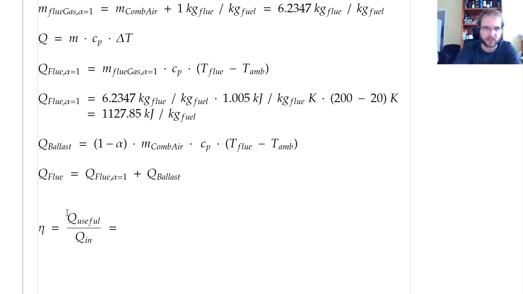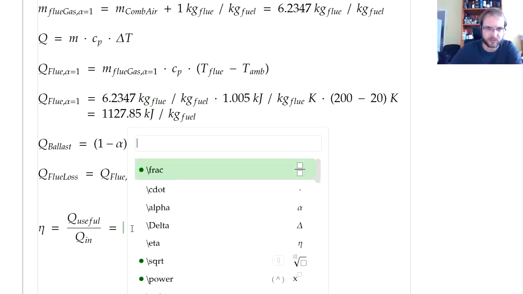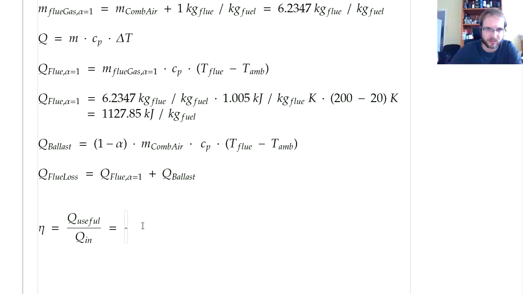We did not calculate it directly, but we calculated the heat in the flue gas which is lost, as we call it, the stack loss.